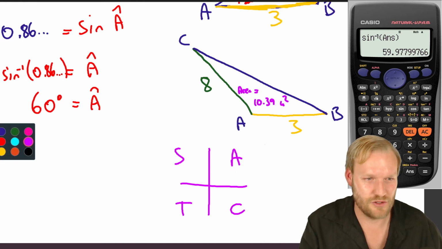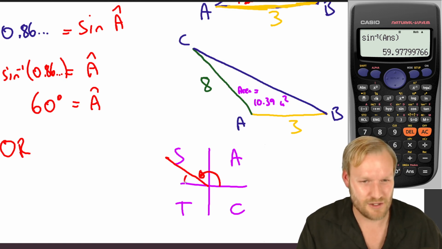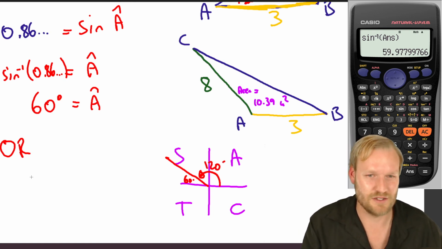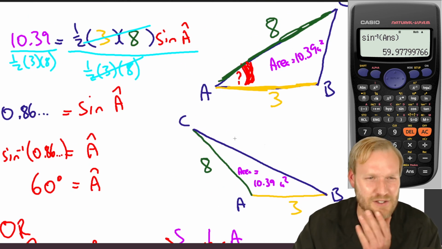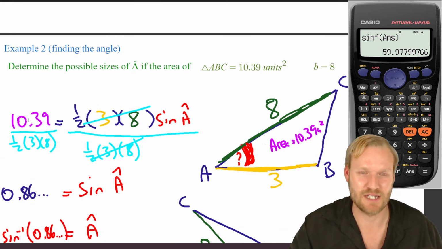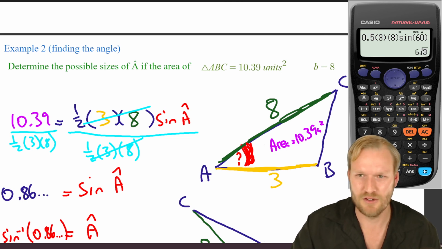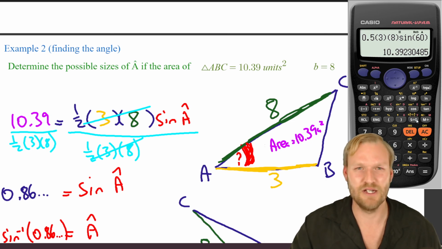Well, if we drew this in the second quadrant, and we considered 60 degrees to be our reference angle, then this could have been 120 degrees. So A could also have been 120 degrees. Now wait a second. Does this make sense? Does a half times 3 times 8 times sine A equal 10.39? Okay, so let's have a look. A half times 3 times 8 times sine 60 is what we got at first, 10.39.